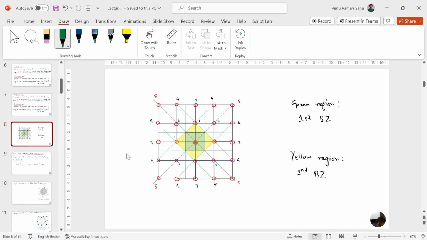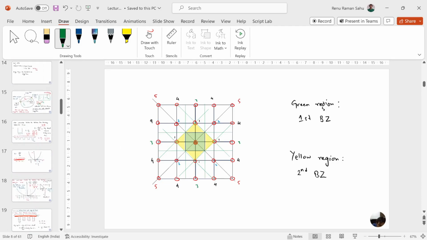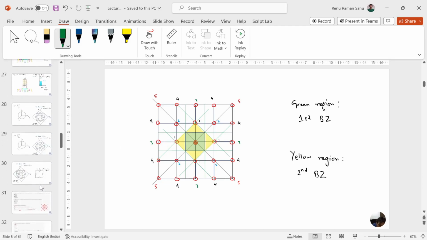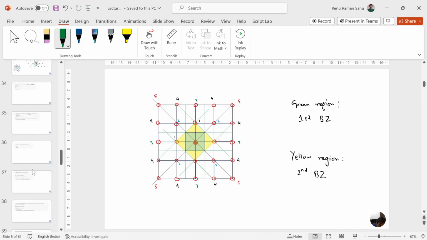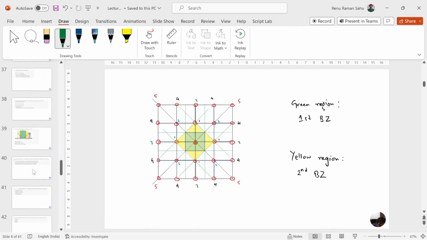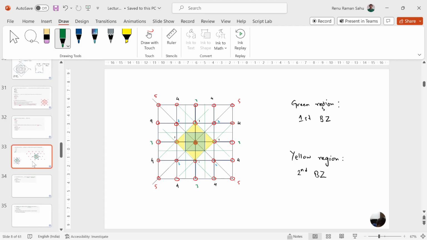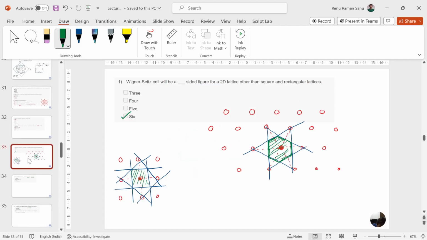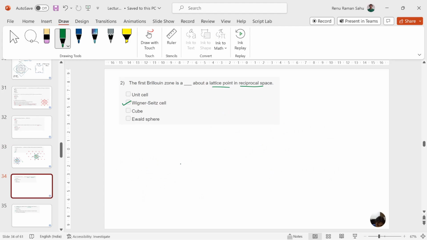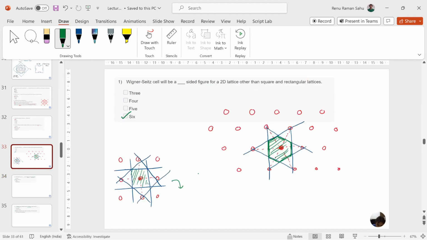Let me show you in a minute. We have this diagram we just drew, so I'm drawing it again. This is your first Brillouin zone.